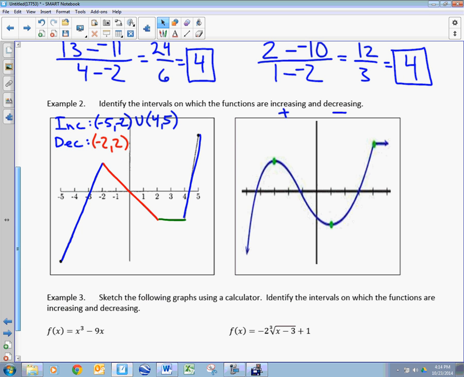For the next example, I have arrows on this one. So it begins increasing way back here at -infinity, all the way up until -3.